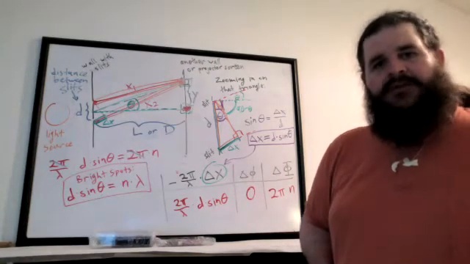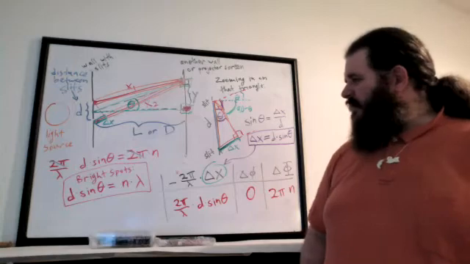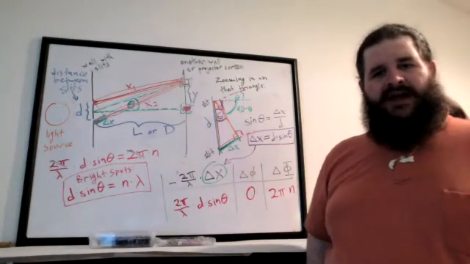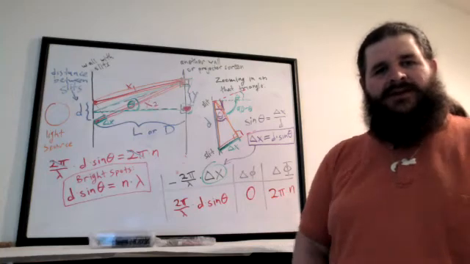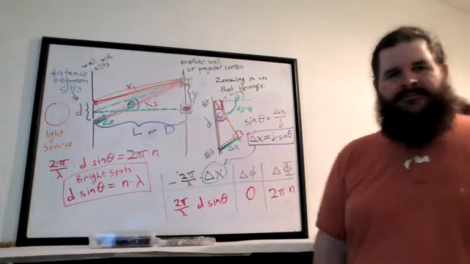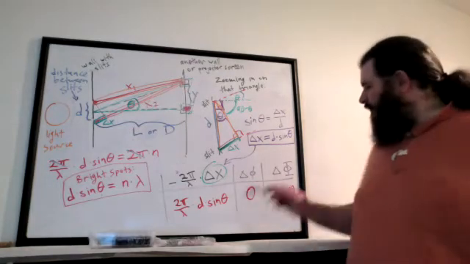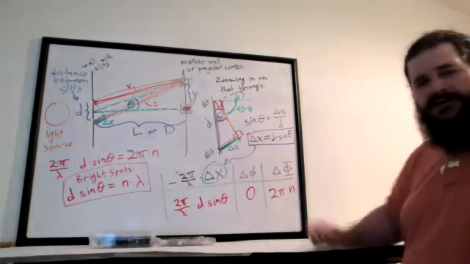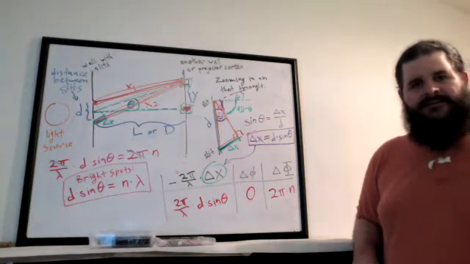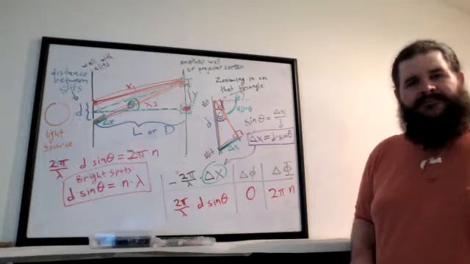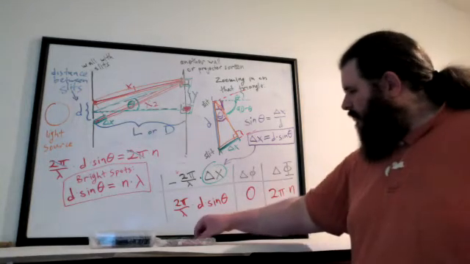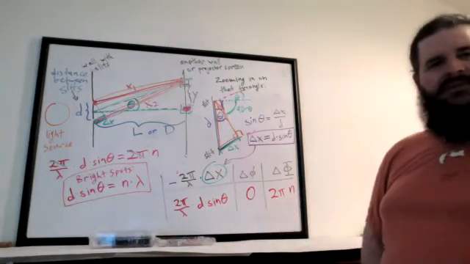Another variation on this: we've been assuming we're looking for bright spots. What if we had wanted dark spots instead? If we wanted destructive interference, what would we do differently? We know bright spots appear at a whole number of cycles. Destructive interference would be what instead? The odd number. You could think of it as an odd multiple of pi.